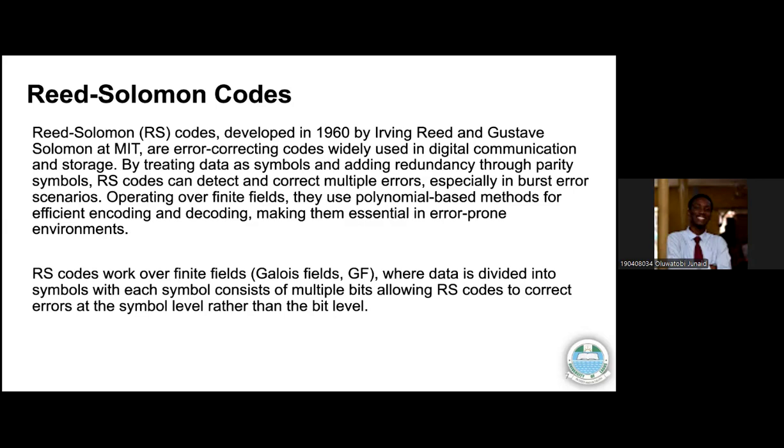Good morning, everyone. I'm Toby, and I want to talk about the Reed-Solomon code. The Reed-Solomon code was invented in 1960 by Irving Reed and Gustave Solomon at the Massachusetts Institute of Technology, and it's a type of error correcting code that can detect and correct, to an extent, multiple errors within a block of data.